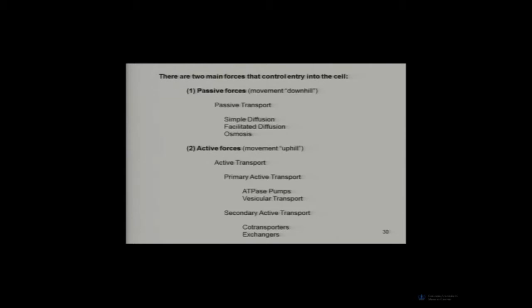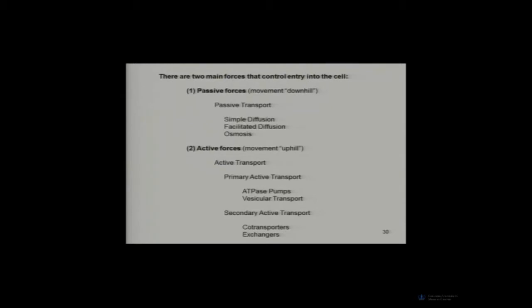Okay? So the same thing with crossing the membrane. So passive transport, or the movement sort of downhill, is in the form of either simple diffusion, facilitated diffusion, or osmosis.